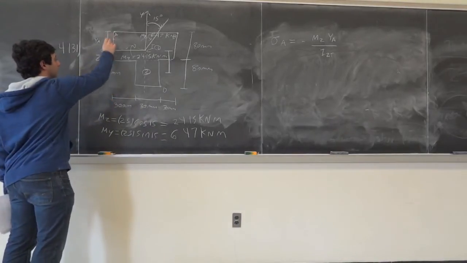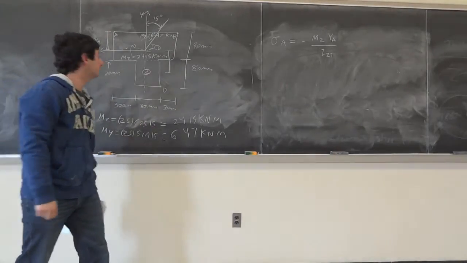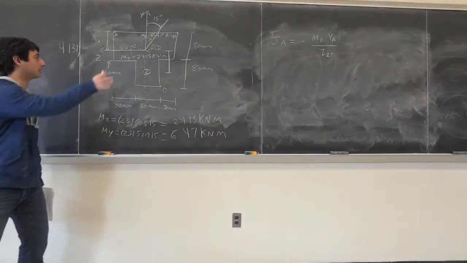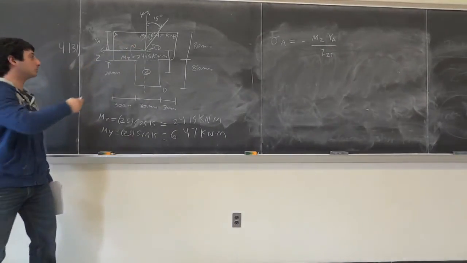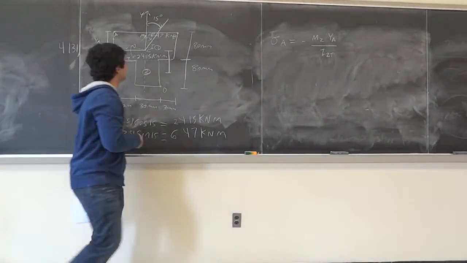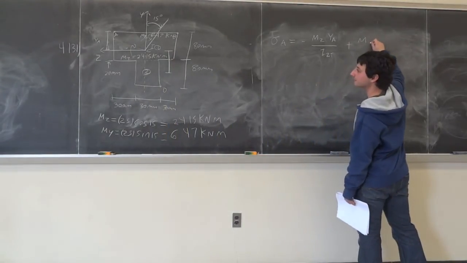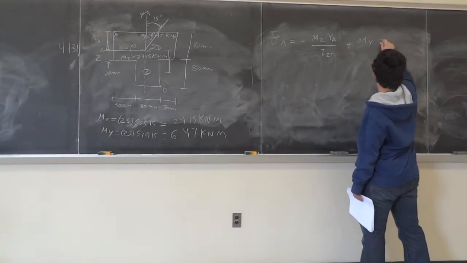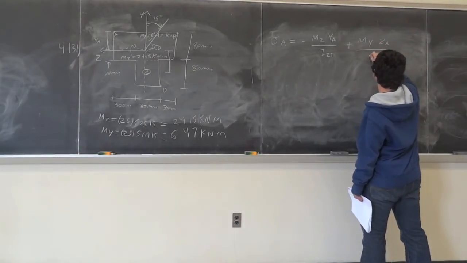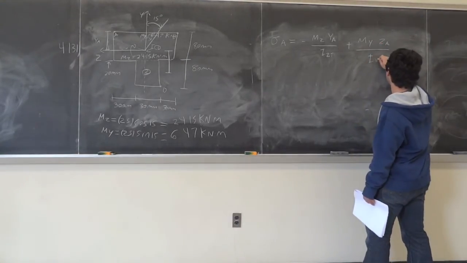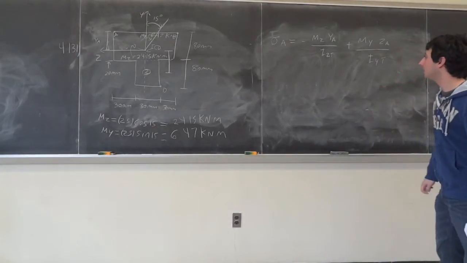Tension or compression at point A? Compression. It's going this way. It's tension. It's being pulled. Do you see that? Okay. So plus My za over Iy total. Okay. All right.